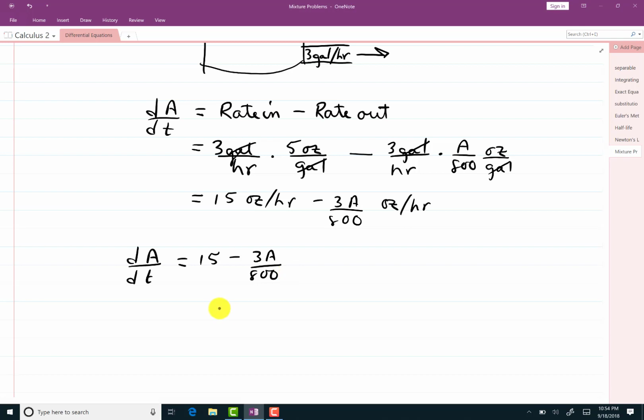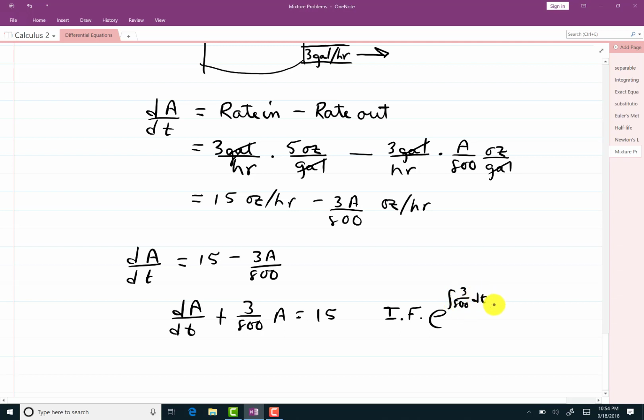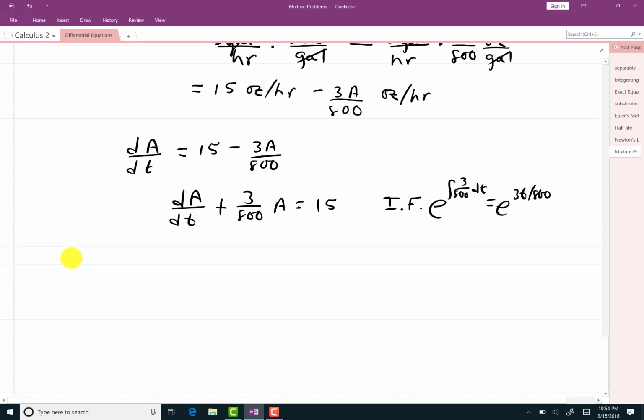So I'll have dA over dt plus 3 over 800 A equals 15. My integrating factor will be e to the integral of 3 over 800 dt, or e to the 3t divided by 800. I'll multiply everything by that.